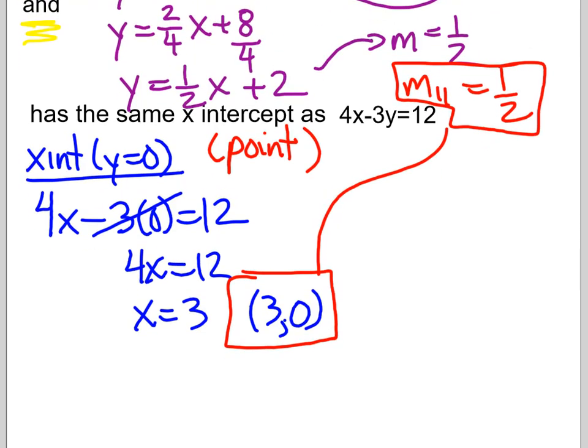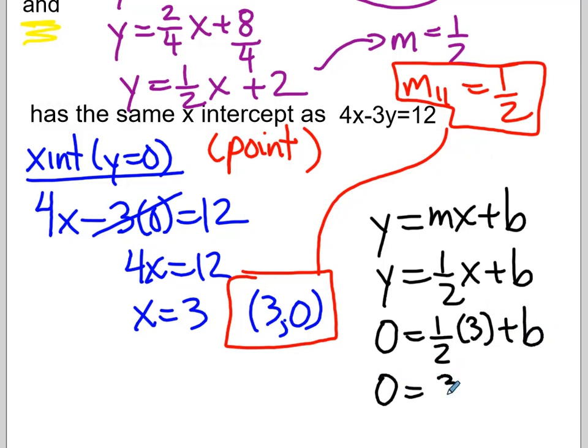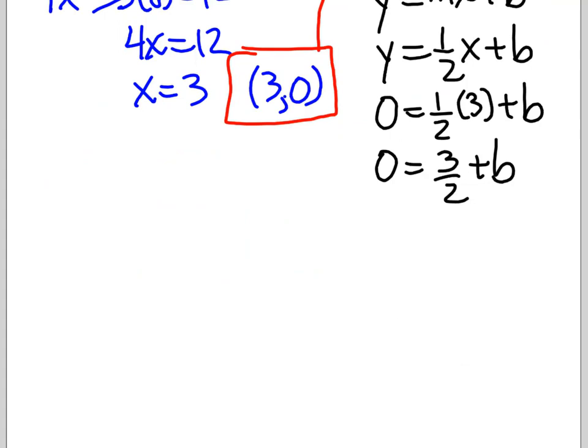You can see how all of this stuff comes together. So y equals mx plus b, sub in my slope, sub in my x-intercept, solve for b. I'm going to run out of room here. Okay, subtract 3 over 2 from both sides, and yes, you can have fractions.